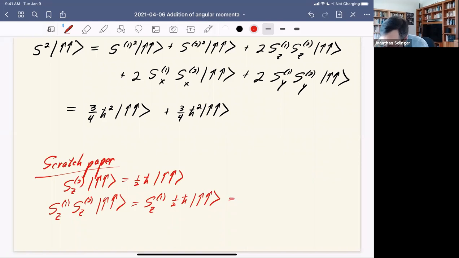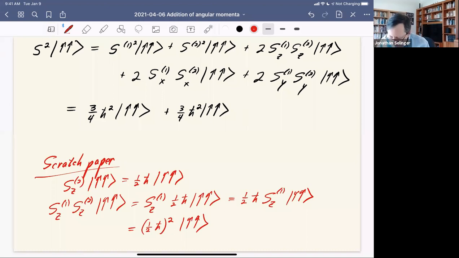So that is 1/2 h bar times SZ1 acting on up. That is then a half h bar squared times up.